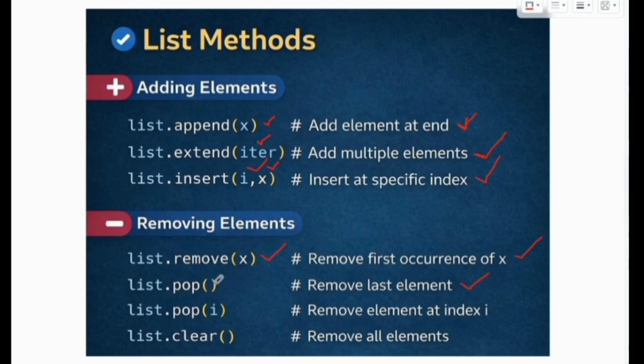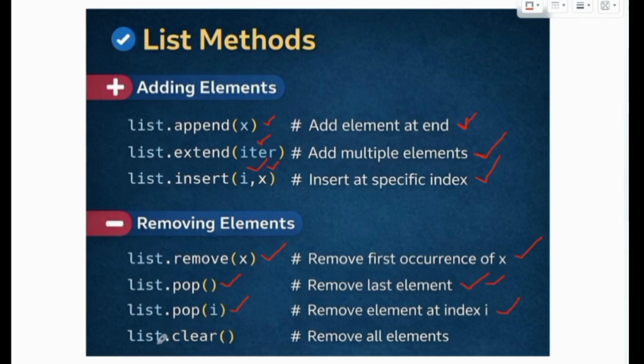If you don't specify the index position, it will by default remove the last element of the list. So you can look here, list.pop(i) removes the element at index i, meaning when you specify the index position, it will remove the element at that specified index. When you don't specify, it will remove the last element by default.